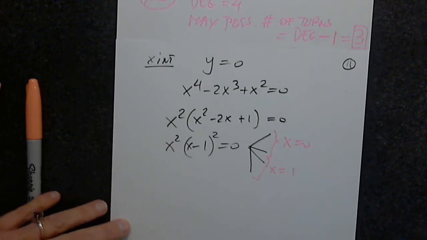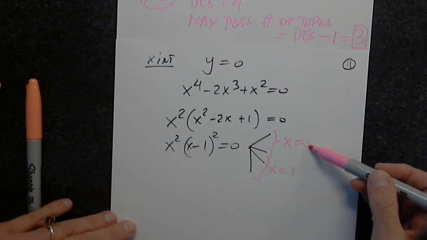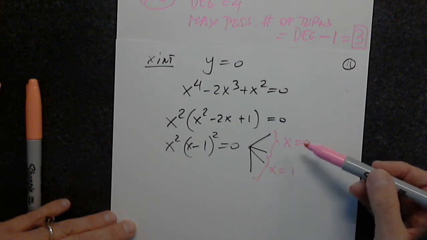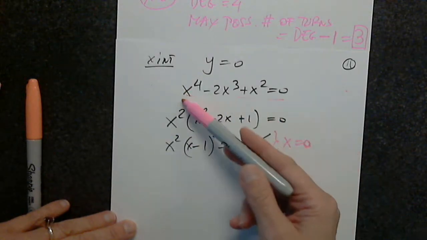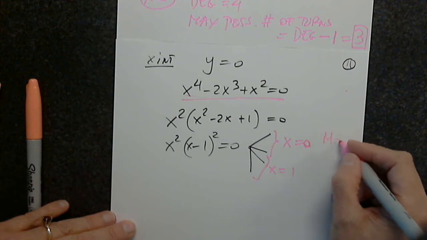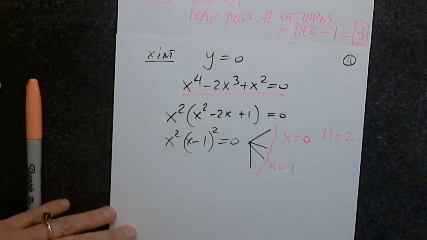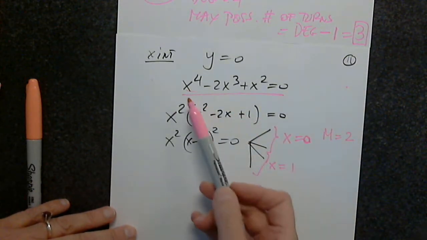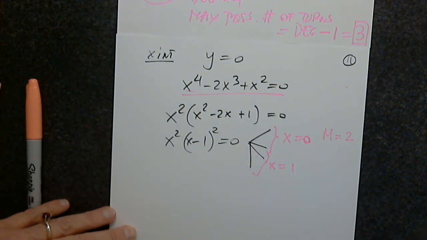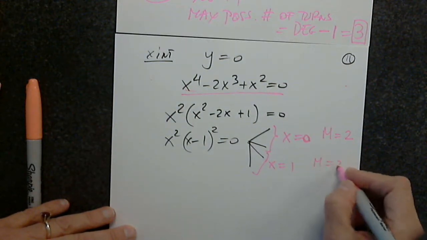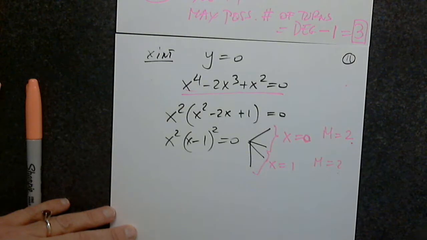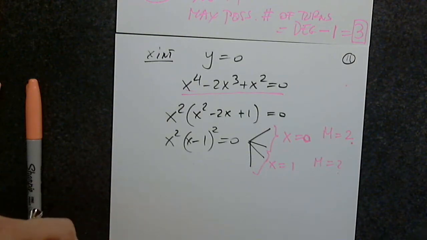Very good. How many times does the solution x equals 0 appear in this equation? Multiplicity 2. How many times does the solution x equals 1 appear as an x-intercept? Multiplicity 2. Is 2 plus 2 the degree? Perfect.